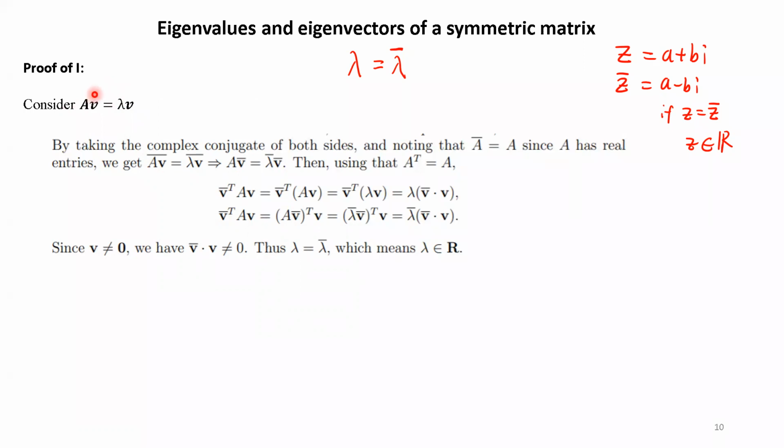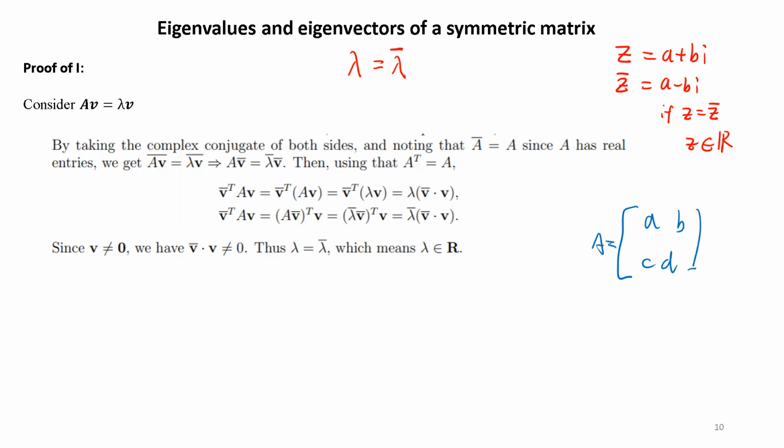Let me pause here. What does it mean to take the complex conjugate of a matrix or vector? All it means is that I look at each element in this vector or matrix and turn that element into its own complex conjugate. Suppose I have this 2 by 2 matrix A with entries a, b, c, d.